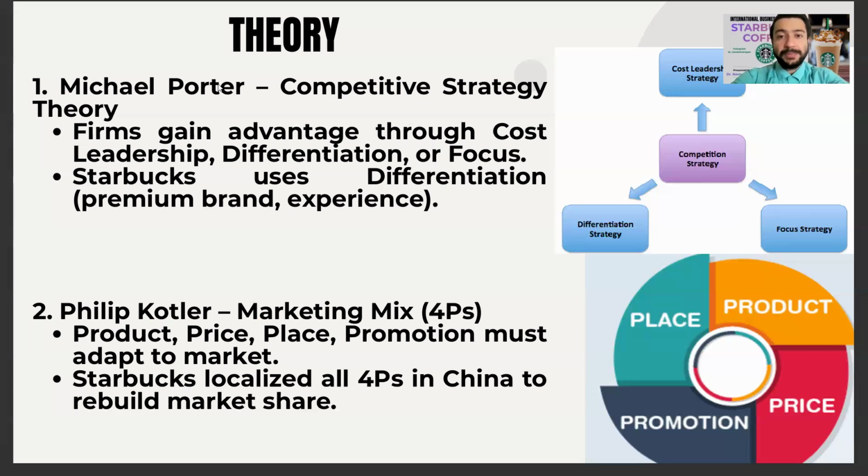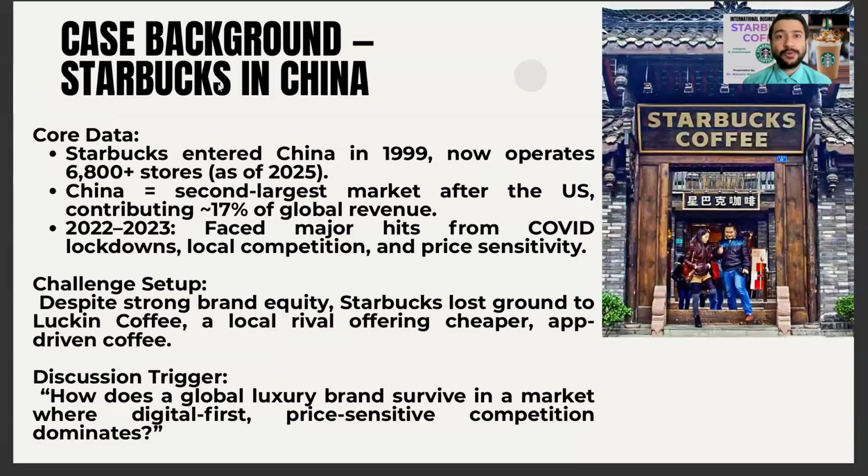Let me jump directly into the case background: how Starbucks entered China. It entered China way back in 1999, you can check on the screen. Over the years, it built more than 6,800 stores.